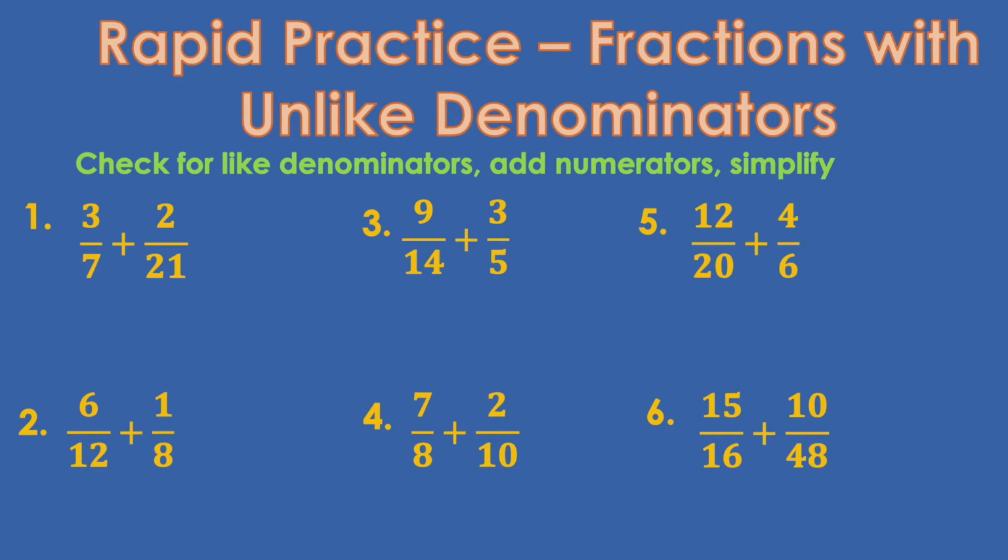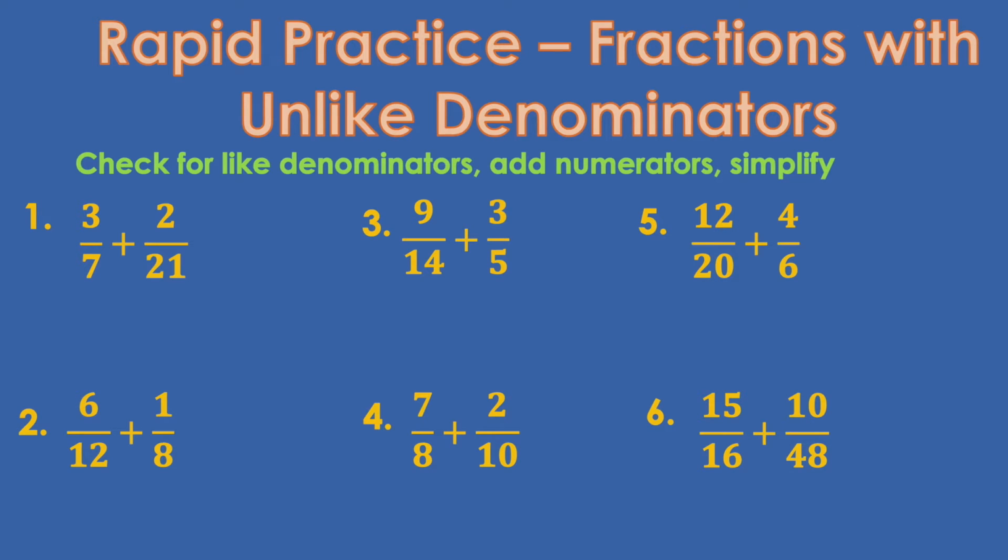Today we're going to do some rapid practice involving fractions with unlike denominators. If you haven't done so, or if you need a refresher, you can check the upper right corner for an instructional video for fractions with unlike denominators.